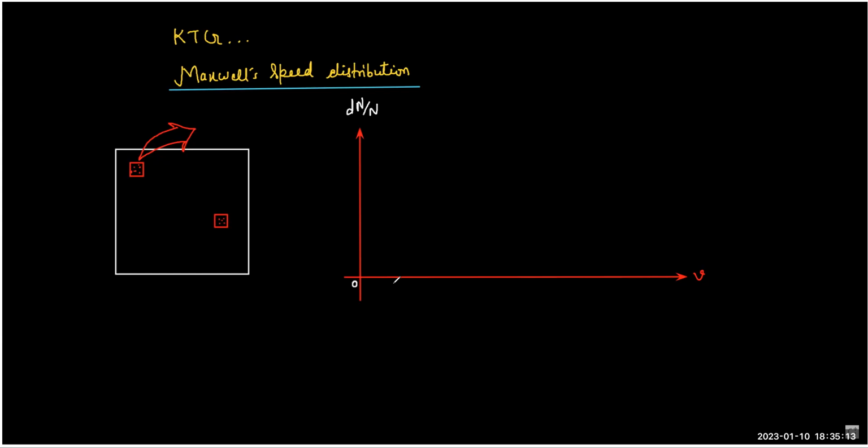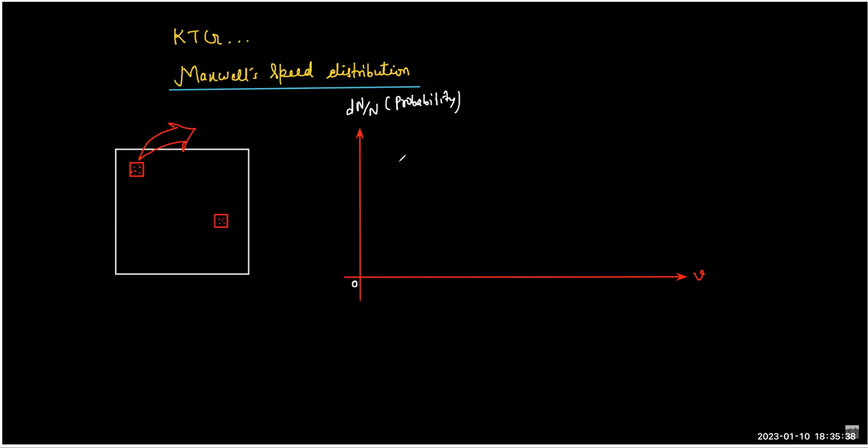So this is like a probability distribution graph, because the dn by n is like a probability. So what does it mean is that you would like to plot the probability that out of n molecules, dn will have this particular velocity.